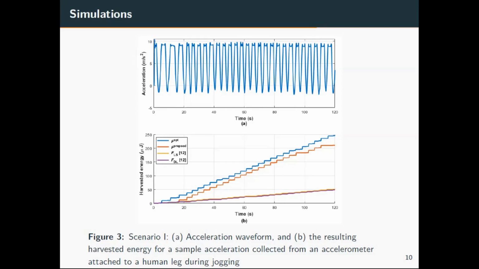And we have two other results here based on the machine learning method that we have in an earlier paper, and also the least squares method. Two other methods which performed well, by the way, but the proposed method is performing much better.